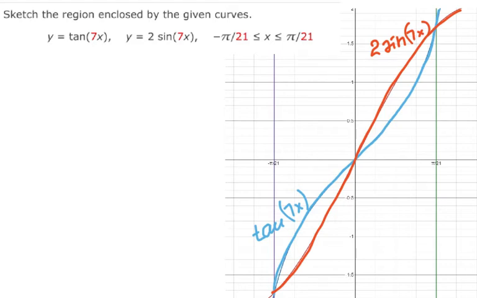And then I'm going to highlight two areas. One is here in yellow, and the other one is going to be in purple.